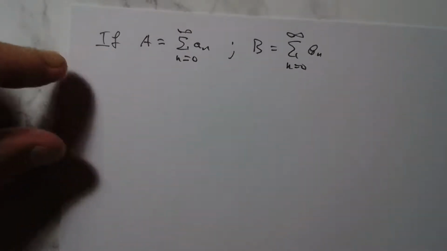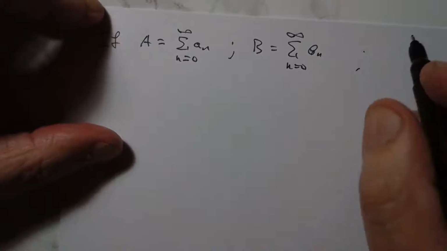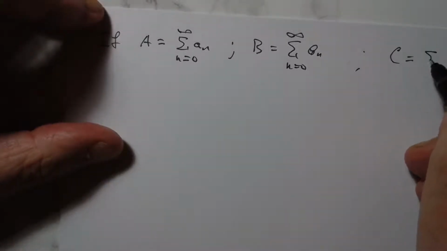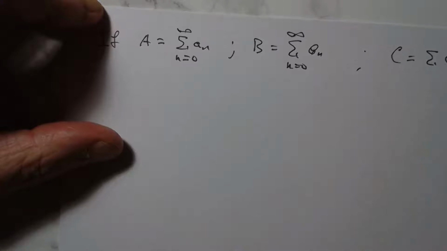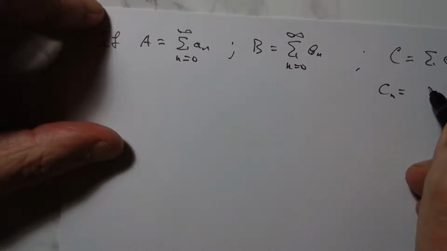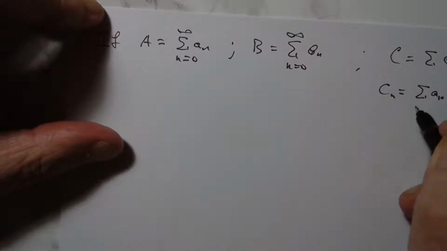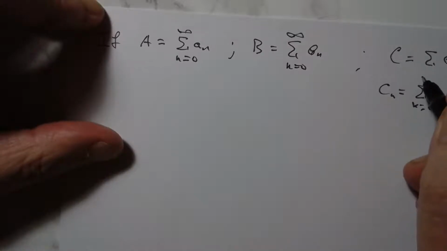Okay, you can see it now. And once again, I'm going to take the series C, which is equal to the sum of c_n, where c_n equals the sum of a_k b_(n minus k), k from 0 to n.